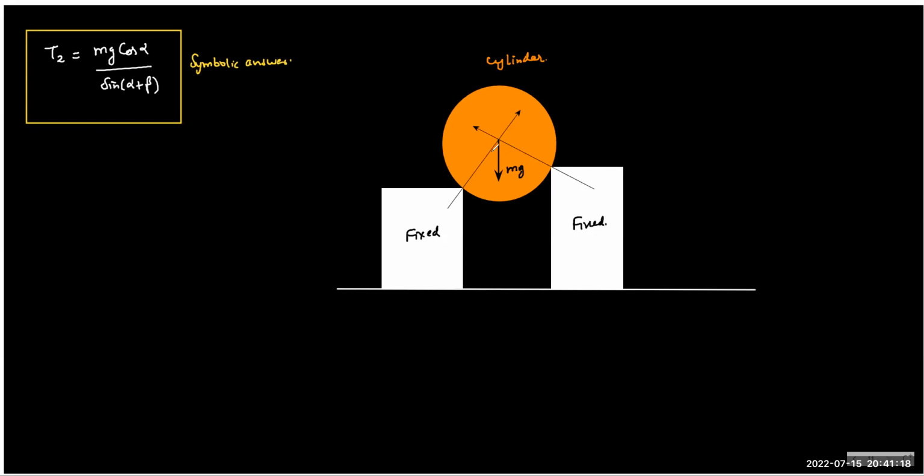And what will be given to you? This angle is alpha. This is beta. You want me to write bigger? And these two arrows represent some force. Since you don't know their name, let's name them. Can we say this is N1 and this is N2?